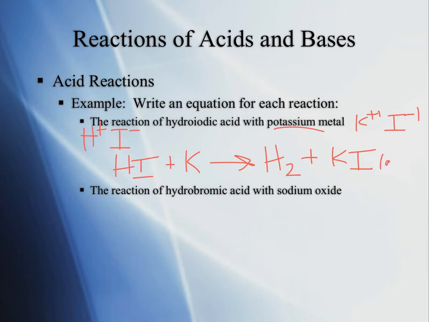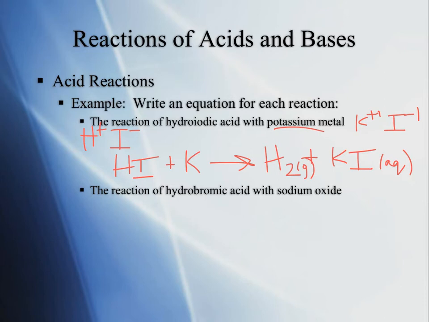This is going to be aqueous, and this is going to be gas. If it's difficult to remember exactly what the products are going to be, and if you've got a better grip on single replacement versus double replacement, then do that too.